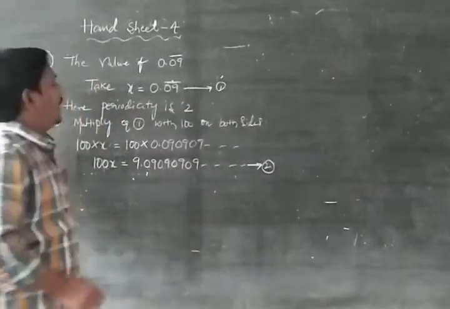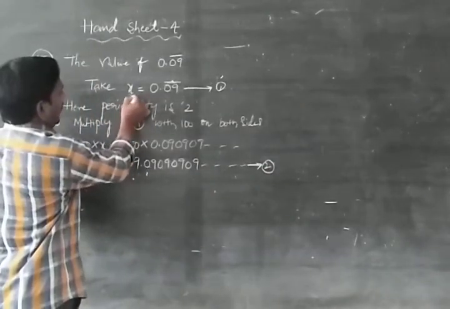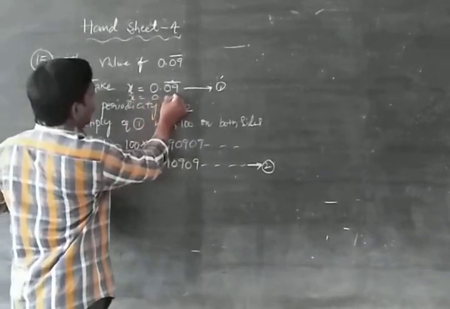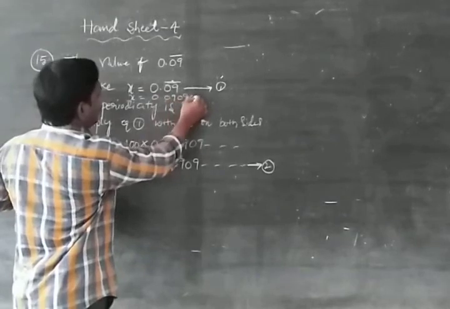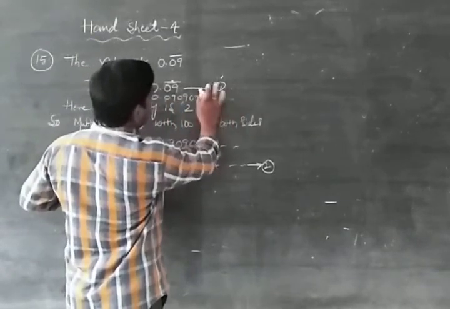Actually, x equals 0.09090909, and so on. This is equation 1.